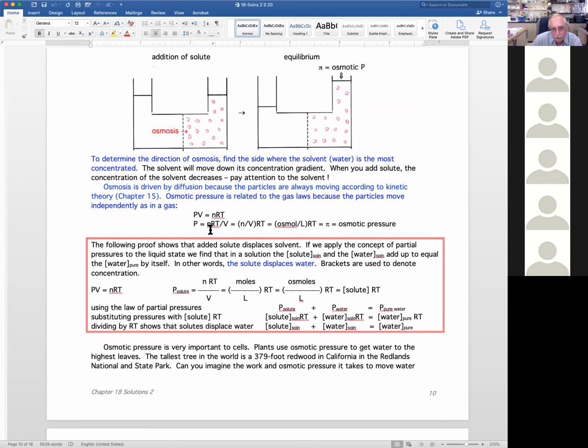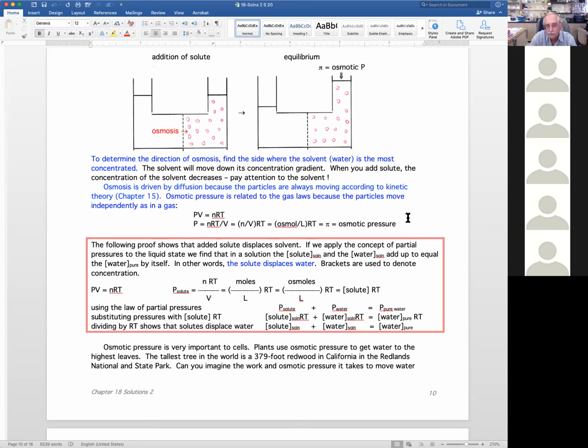And then I took N and volume and put them underneath each other. R is a constant. And at a certain temperature, if you take the temperature constant, that's also a constant. And all I did is rename this as osmoles per liter. Now it's called the osmotic pressure. That pressure becomes the osmotic pressure.